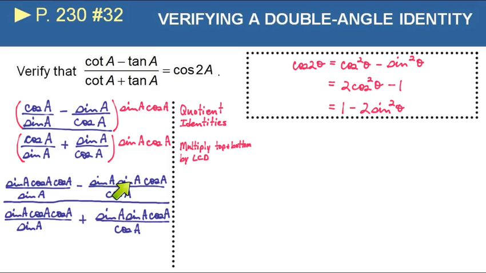So just everywhere I've added a sine cosine to every term. Okay, what that does for us is it lets us simplify in a really neat way.